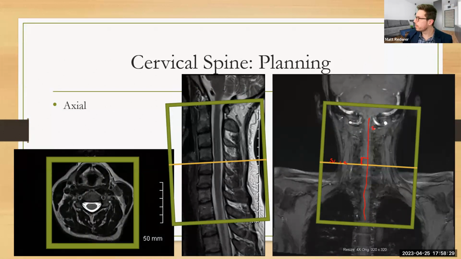This is the spinal canal. My slices are perpendicular to the spinal cord. And if I'm perpendicular, my images should look something like this. Really nice, clean image.